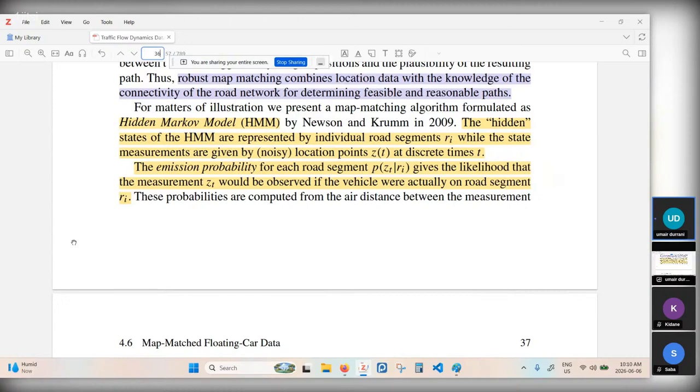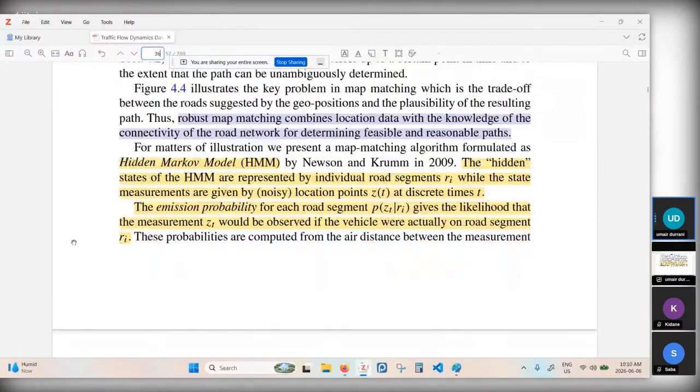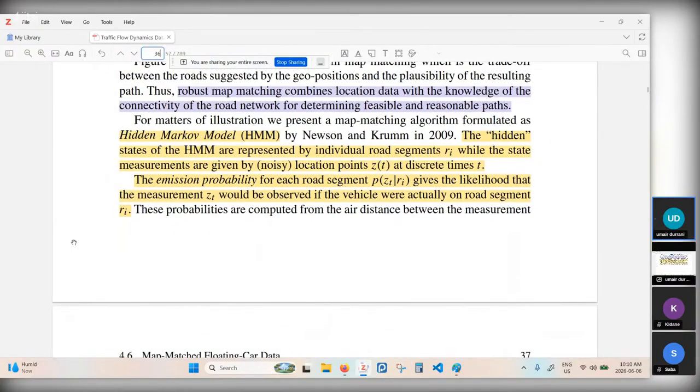And this is where we are getting the geographic coordinates continuously. As described in the book, it's between 1 to 2 minutes for real time, and for offline, I think it could be a different time interval. But given that HMM are used, we have hidden states Ri, which are the road segments, which we want to determine using the algorithm.